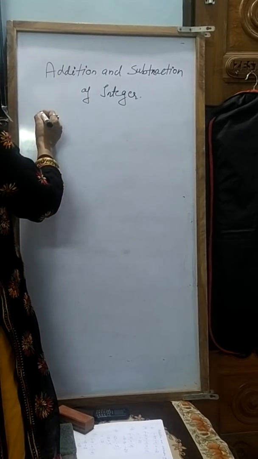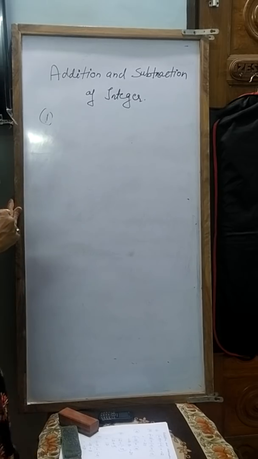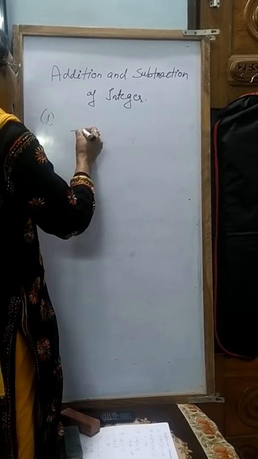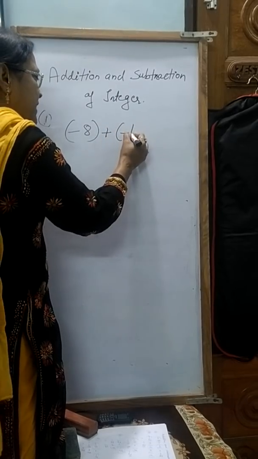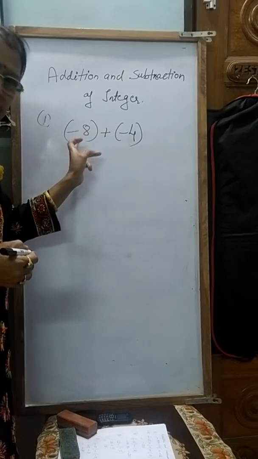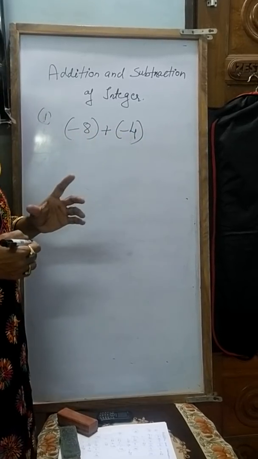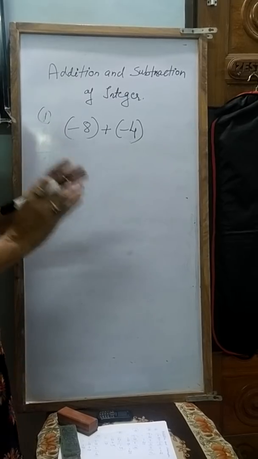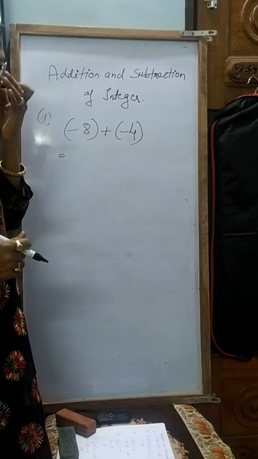Suppose you take the integers minus 8 and minus 4 and you want to add them. In the case of integers, what are the properties of addition?